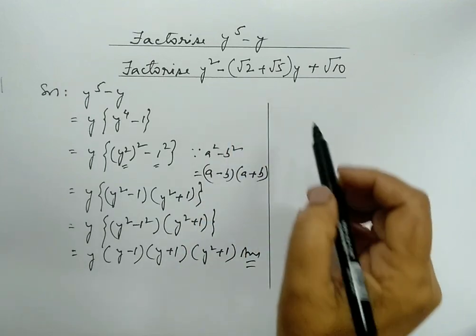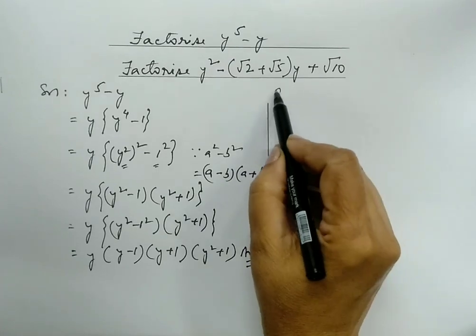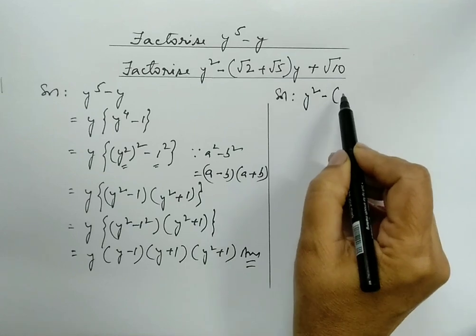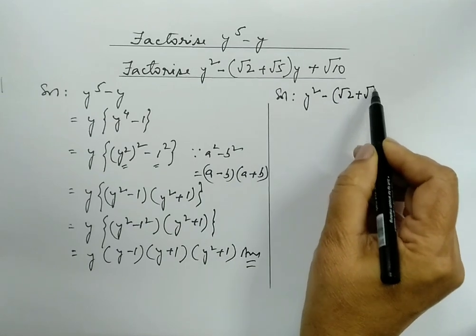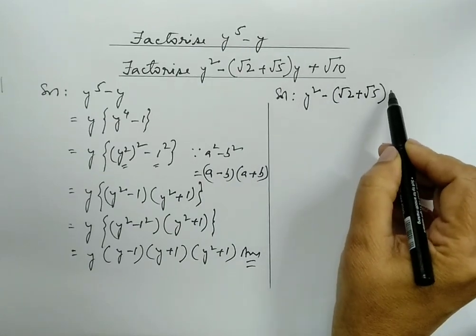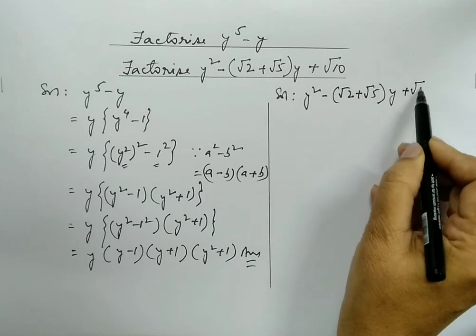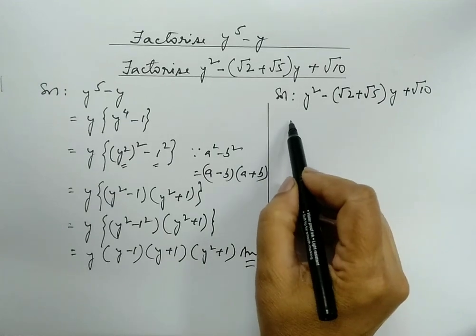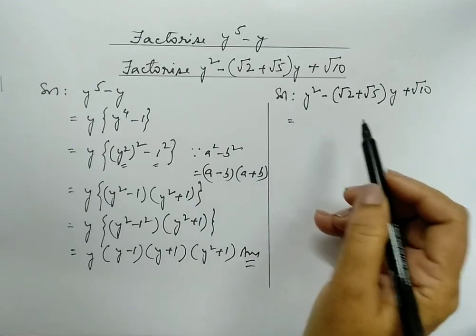This is equally appealing because what I feel is y square minus root 2 plus root 5 y plus root 10. Now we have to use certain tweaks, right?